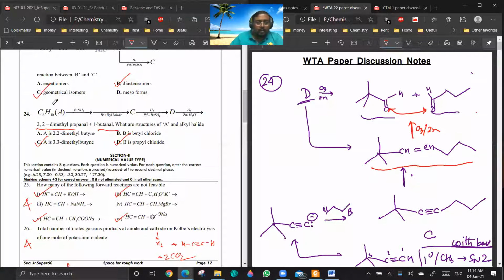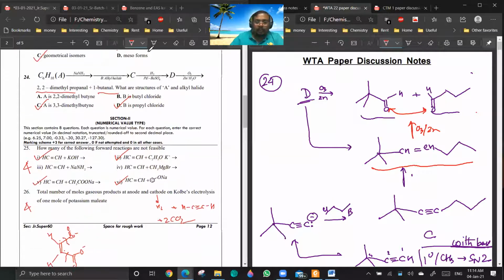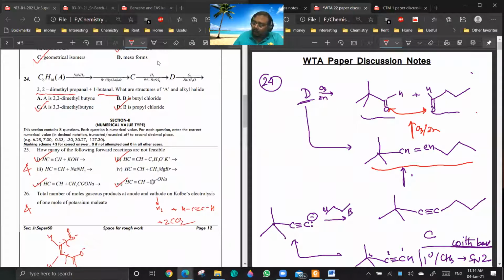This alkene is formed from an alkyne through Lindlar's catalyst. So this is the alkyne. And this alkyne is coming from a reaction of a terminal alkyne with an alkyl halide. Now, what are the possibilities?